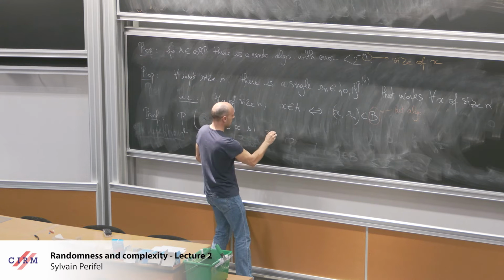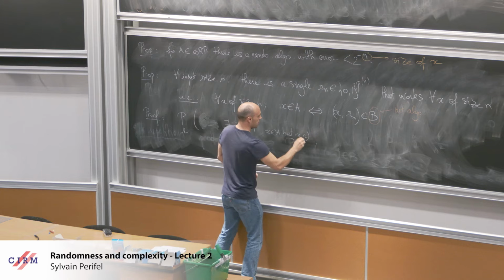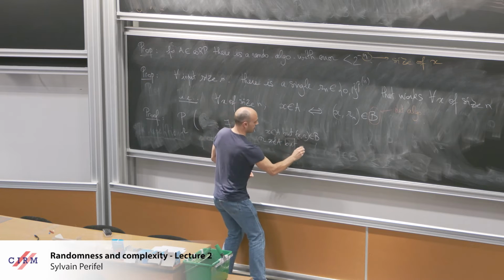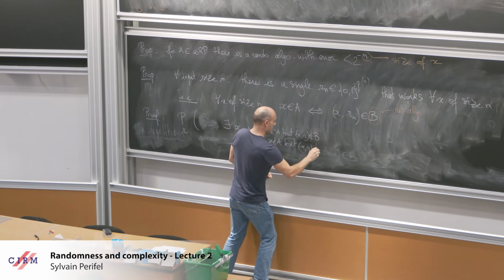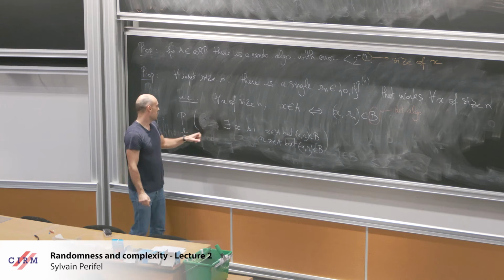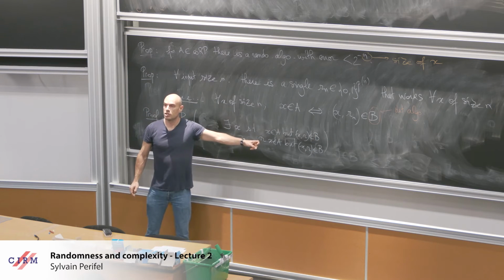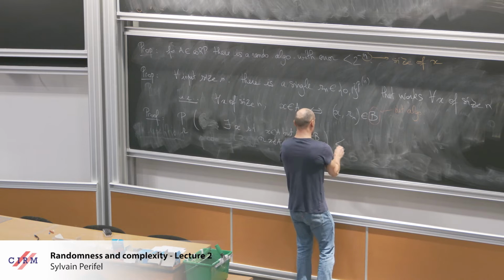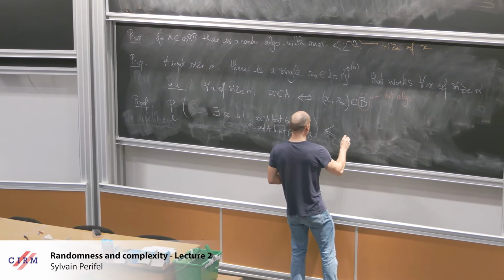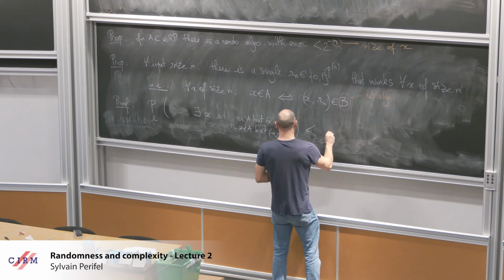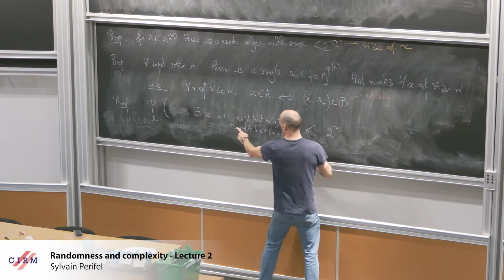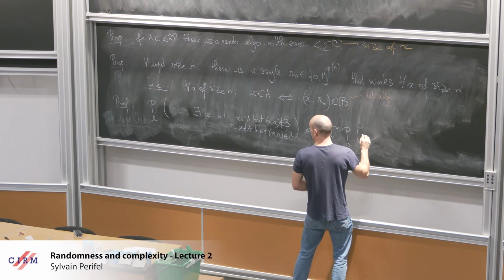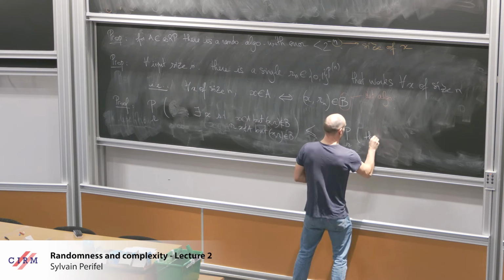So for instance, x is in A, but (x, R) not in B, or the opposite, x not in A, but (x, R) in B. Okay, so the probability over R that there is an x for which R makes a mistake is less or equal than, using a union bound, 2 to the n, the number of x, times the probability over R that for a specific x there is a mistake.